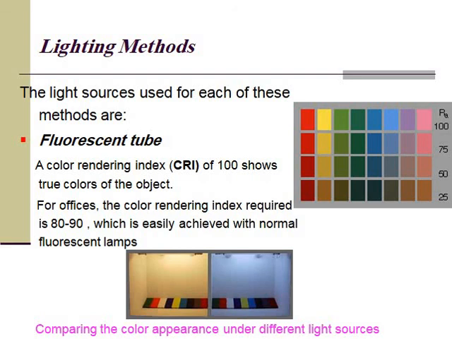Printing industries would require that the lighting designer give special attention to have accurate, very accurate color rendering. So you should know that different light sources would give different color rendering index.